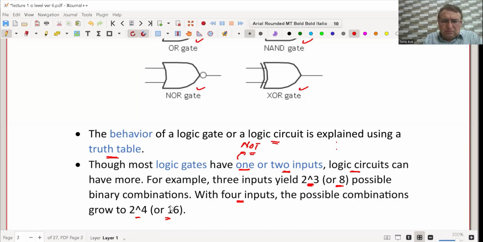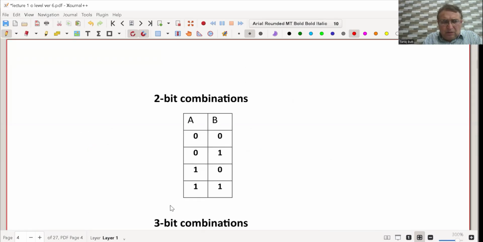So before starting the logic gates, we can see how we can write down various combinations.